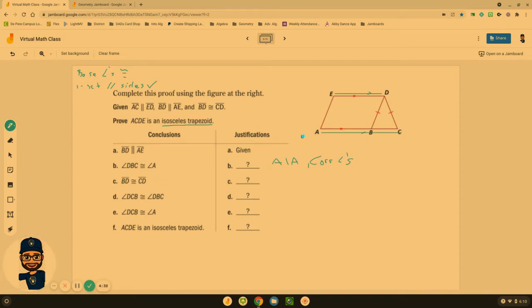So I'm going to look at D to B to C. This angle is congruent to angle A. How do I know that's true? Again, they've told me that BD is parallel to AE.